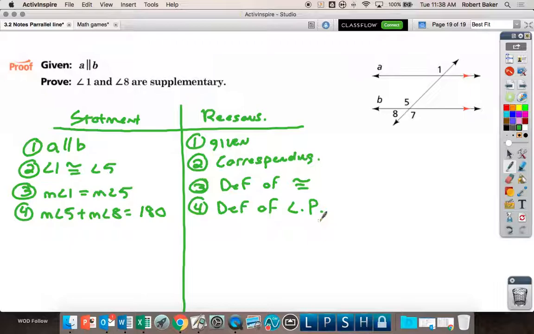What else do you know? Or what else can you say now? The measure of angle 1 plus the measure of angle 8 equals 180 degrees. Substitution. I'm taking this angle 5 out and I'm plugging in its equivalency, angle 1, that's substitution.